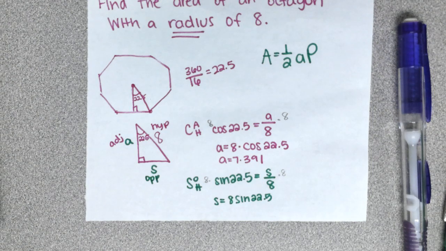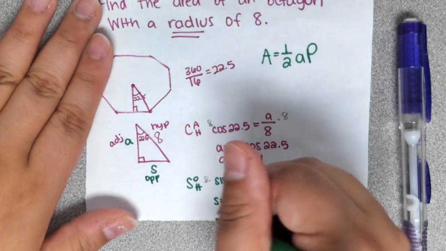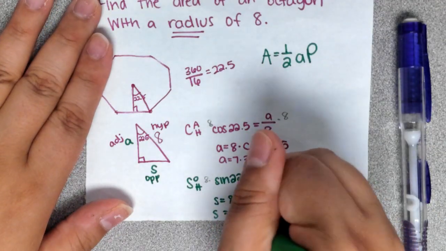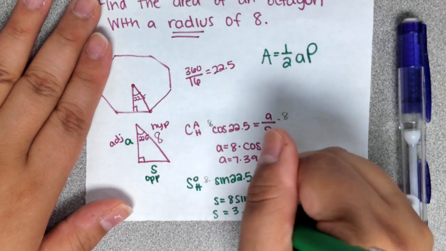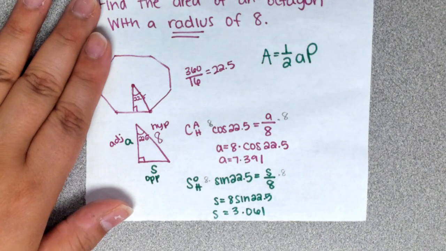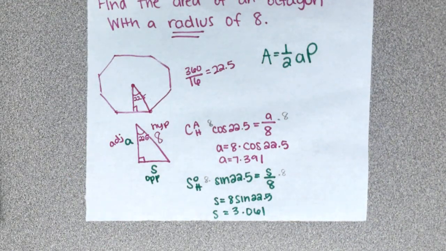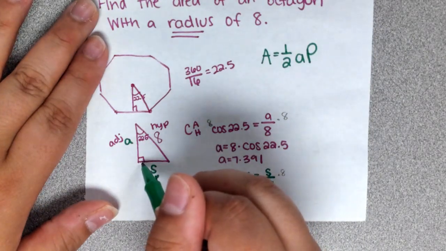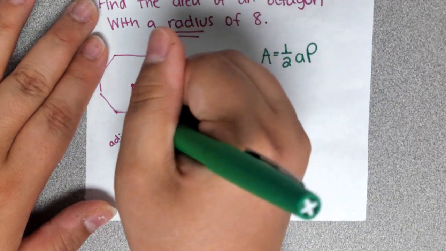All right, now that we have both our side and our apothem, what does s equal? 3.061? Is that what y'all got? All right. Now that we have both of those things, how do I find my perimeter? Do you agree s is only half the side right here?